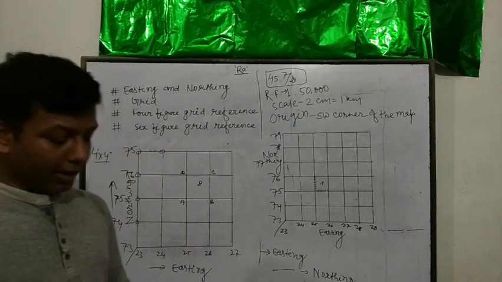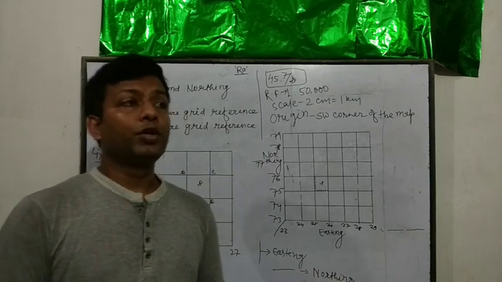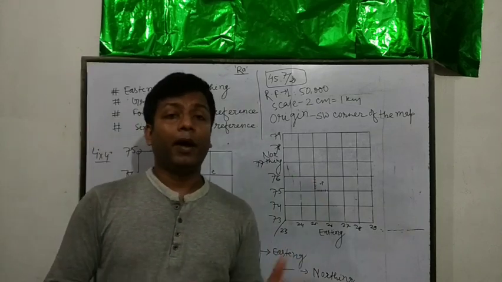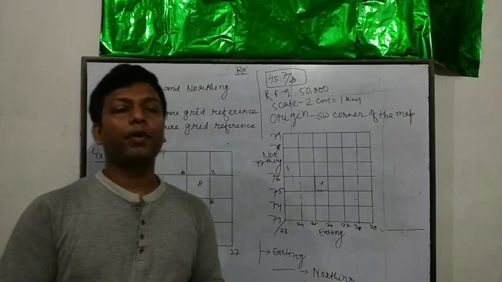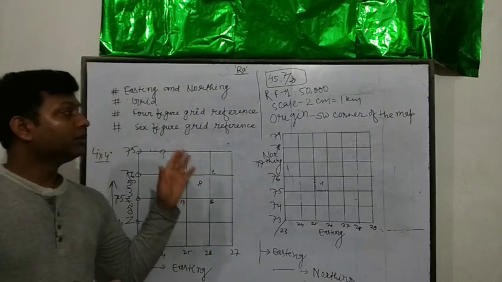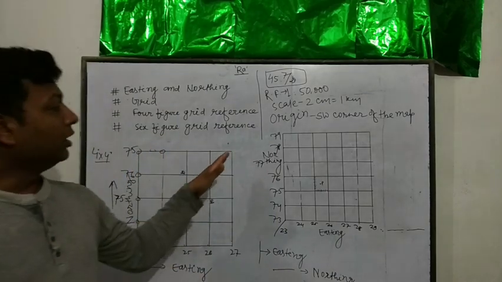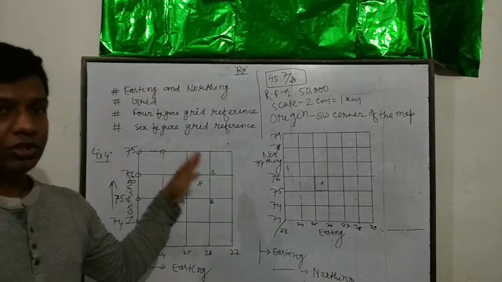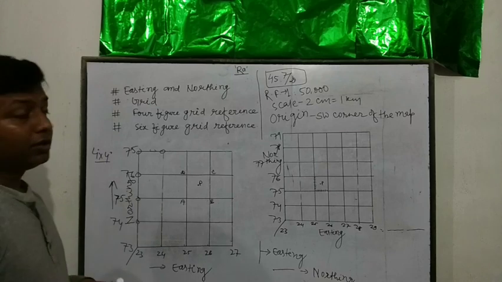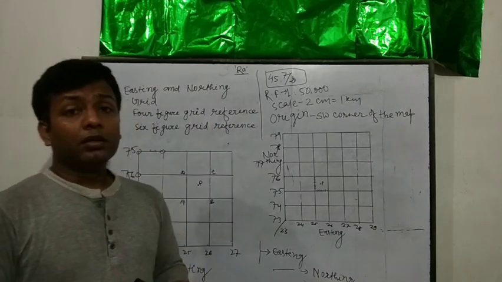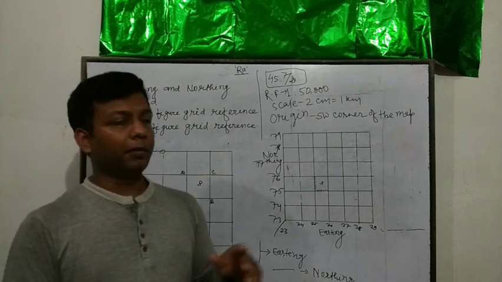So, every topographical map has a name. You can find your topographical map, the Motihari topographical map, on the website or at the regional district survey center, from where you can find it. In this topographical map, there is a number.